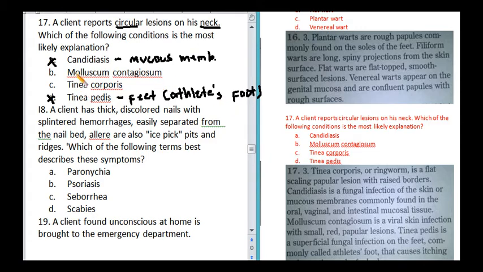So that leaves us only two options. Answer, letter C. Tinea corporis, or this is what's known as ringworm. Letter B is a viral infection of the skin. C is the answer.